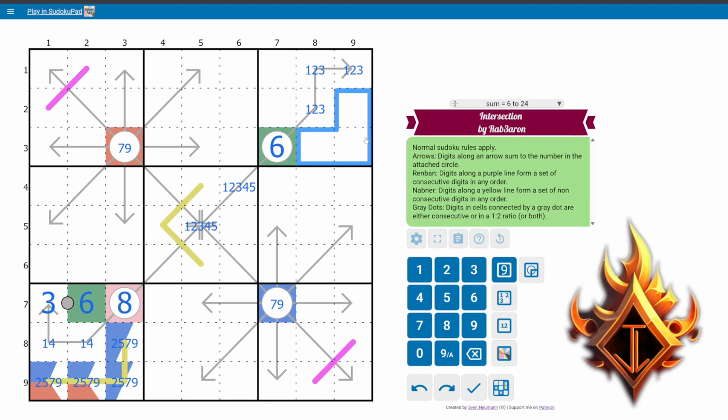Blue is going there. Six is down here somewhere.